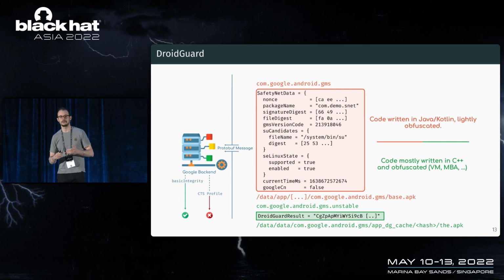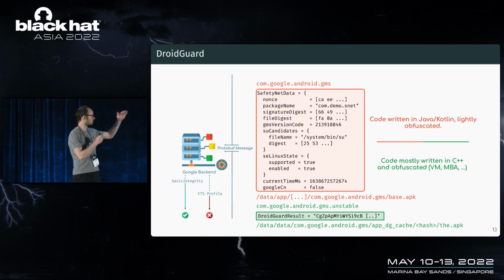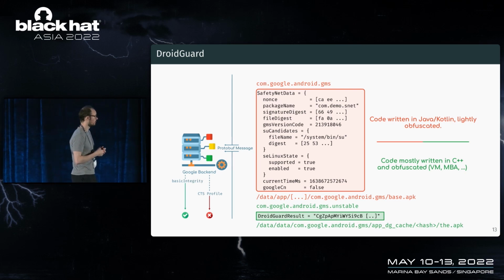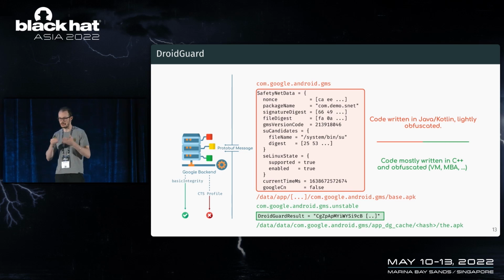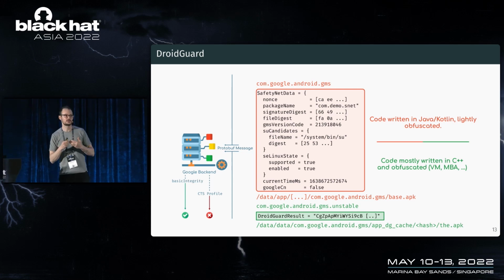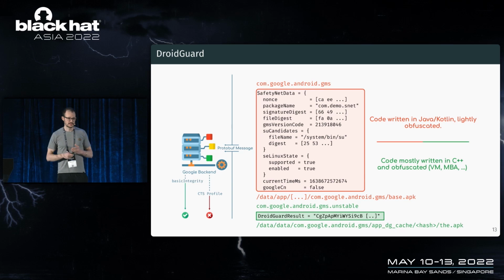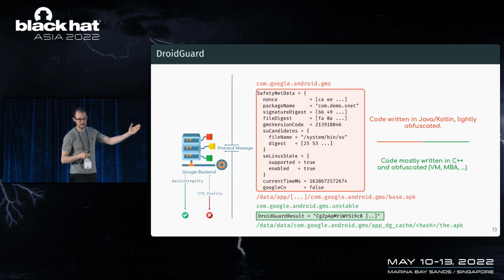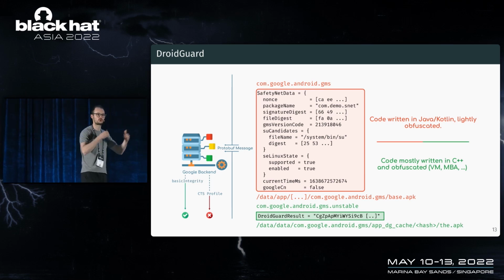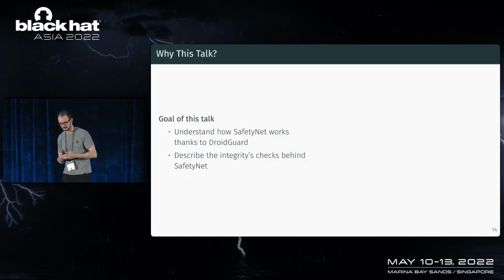And on the other hand, the result of DroidGuard will be appended to this message, and it contains a blob of data, or what looks like a blob of data, but it actually contains a lot of information about the status of the device. This protobuf message is sent to the Google backend that will do some computation to determine the results of the SafetyNet request.